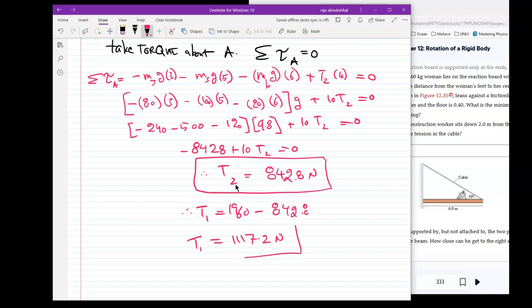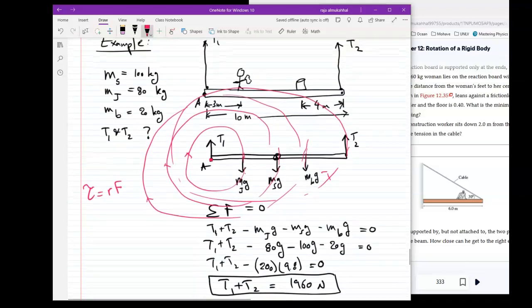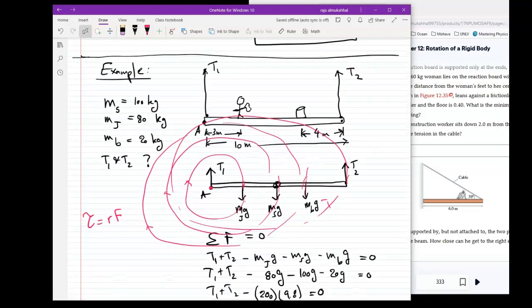And there we go. I have the two forces. You got it? Okay. This is a very important problem. I would urge you to stop the video and try to do this problem by yourself without looking at the solution here. Okay.